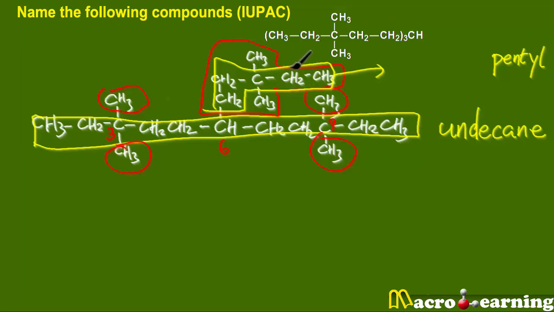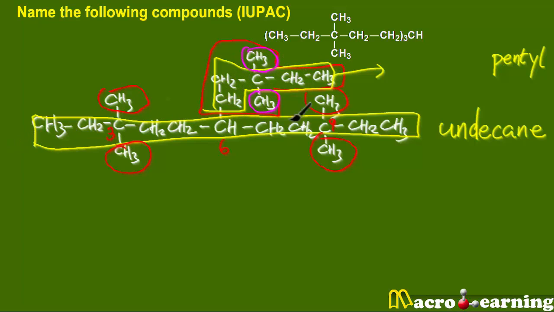So where are the substituents? Let's use a different color right here. Substituents are these two methyl groups. Okay, it's getting quite busy. I'm sorry about that, but hopefully makes some sense for you. So it's two methyl groups. What about the numbering within this group?